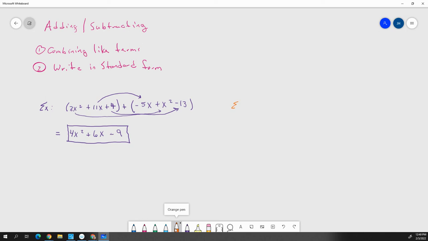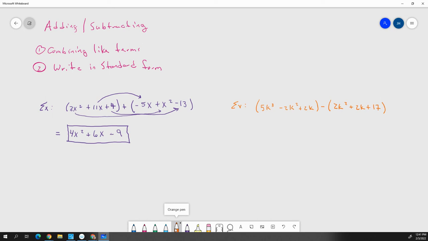If I have, for example, 5k to the third power minus 2k squared plus 2k, minus, oops, I need another minus there, minus 2k squared plus 2k plus 17.